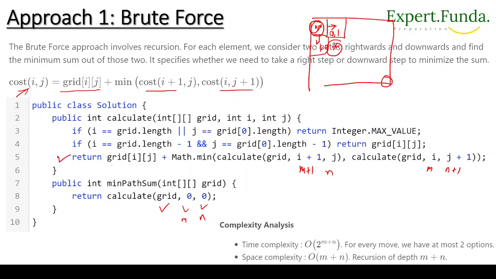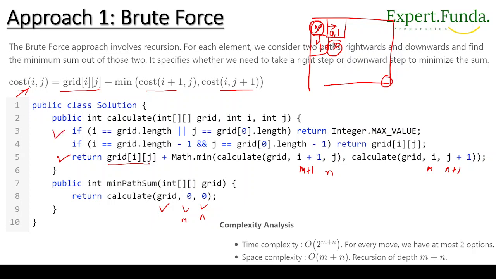We will calculate the current state value and the minimum between (m plus 1, n) and (m, n plus 1), because we are going ahead, we are not going downward, we are not doing minus, and that's why we are taking plus 1.